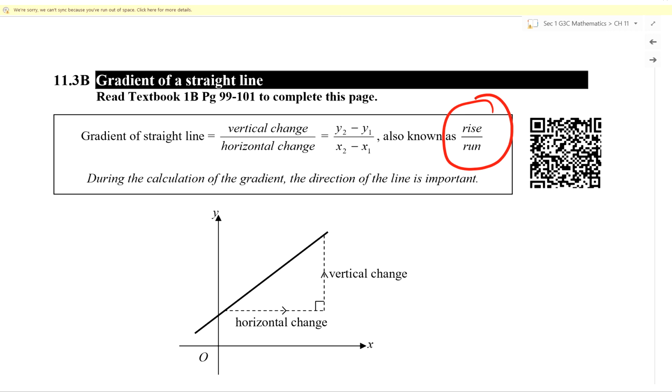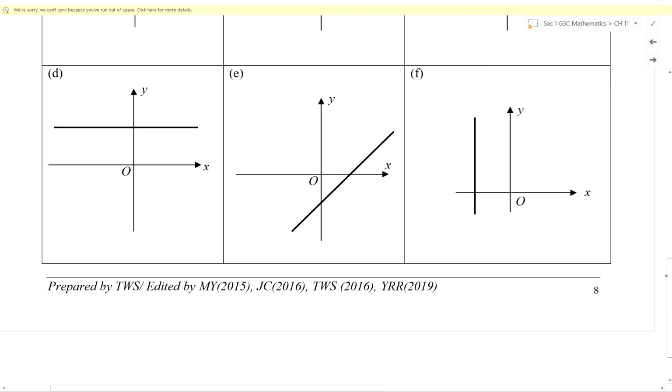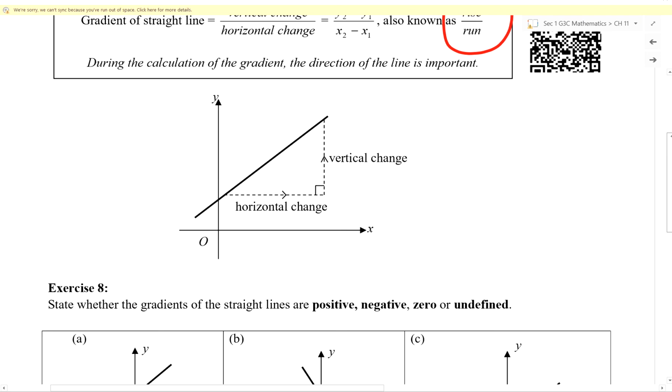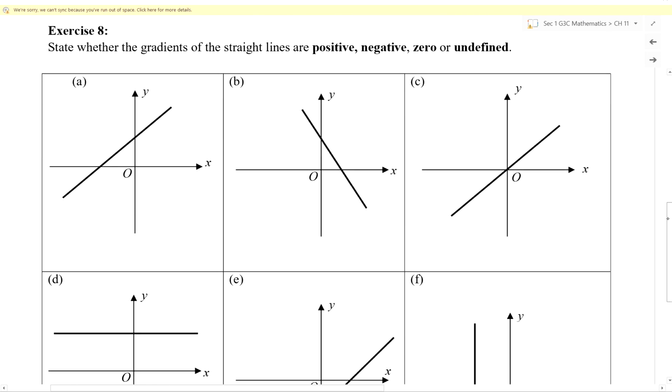Right? Okay, so let us take a look at an example. Okay, no, I think we can do this first. Later we talk about the calculation. I think we are already equipped to answer all these questions. Okay, positive, negative, so on and so forth. Let's do it quickly. Part A, positive or negative? Positive. Next one, negative.